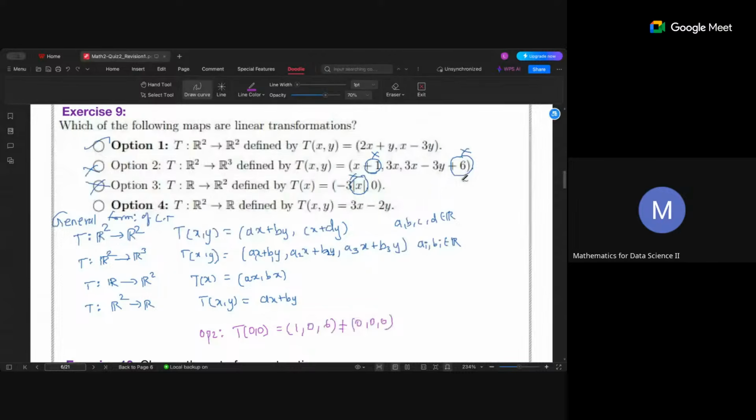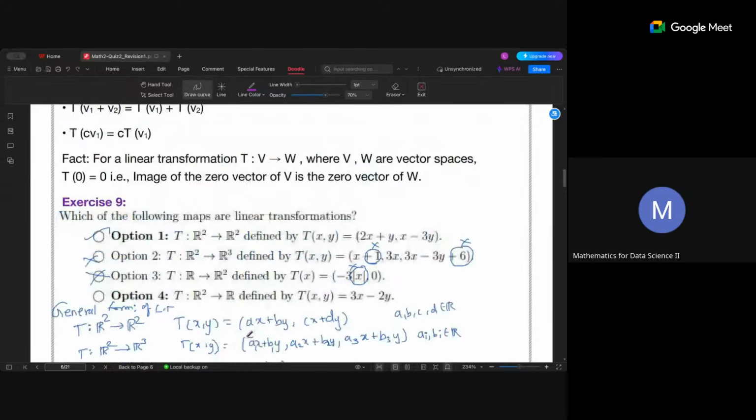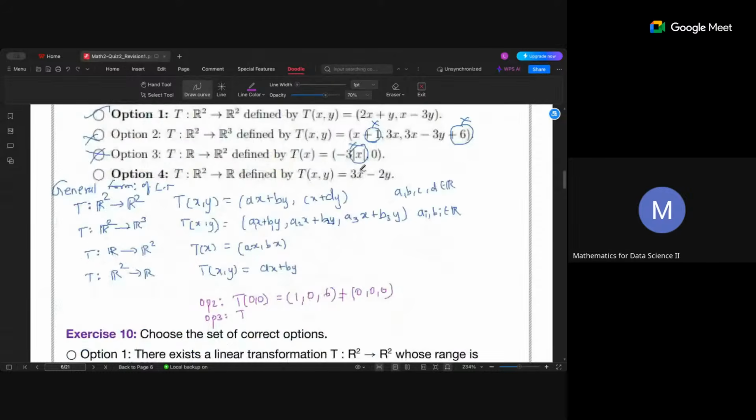For option 3, this is not going to work. So for option 3, either you look at the form, and since it has a modulus it will not work, or you use the traditional way. You can check any of these conditions and see that it's not going to work. For example, if you look at T of -1, what is T of -1?